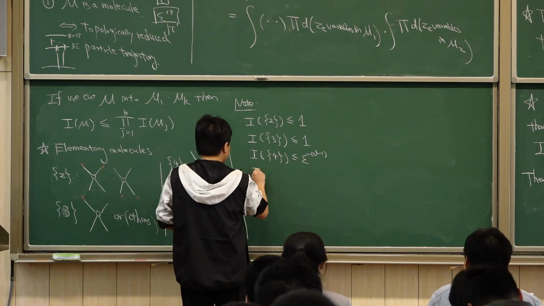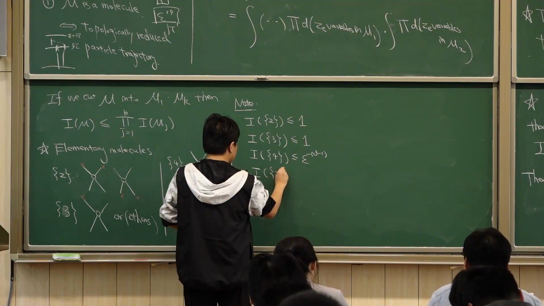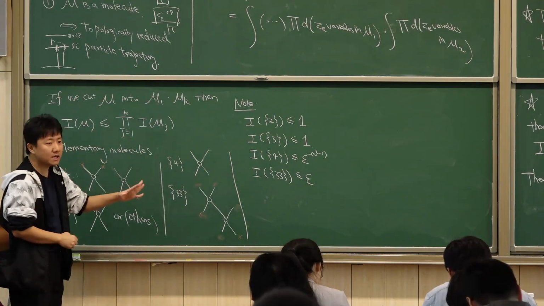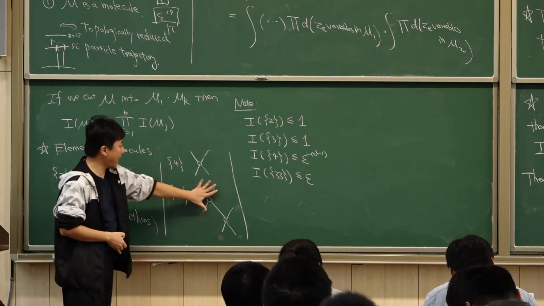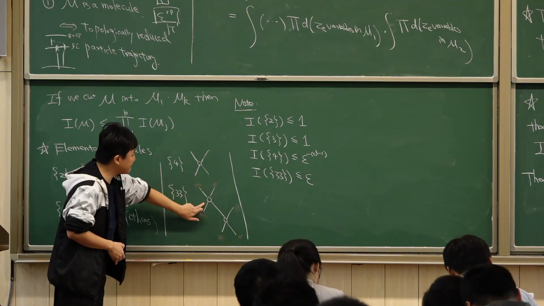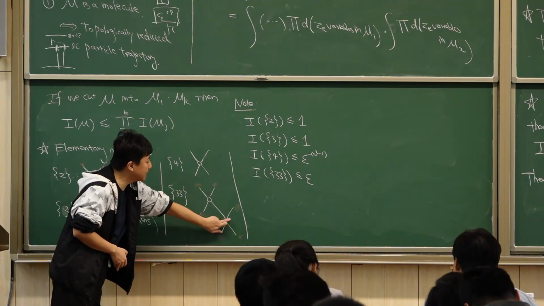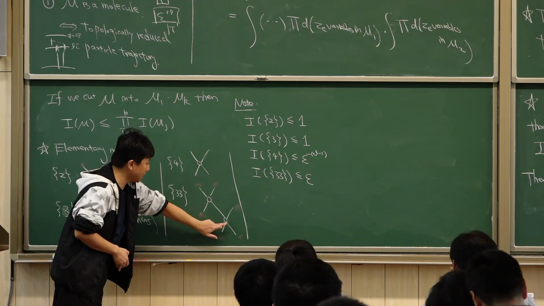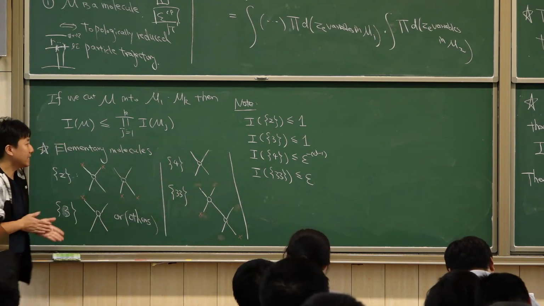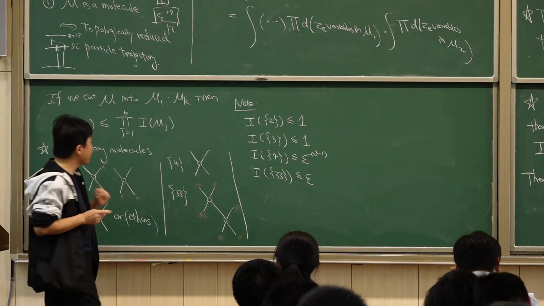And finally, this is a good case. It's a positive power of epsilon, and the reason precisely is that after you integrate one thing, you have this other condition indicated by the collision, and that gives you an extra power here that we explained in the beginning.